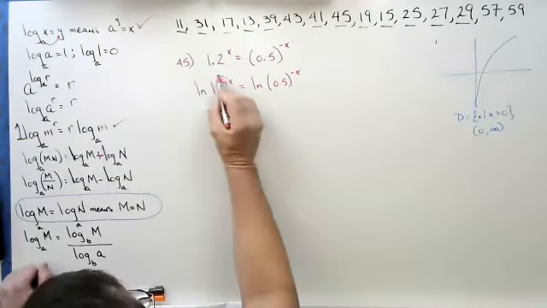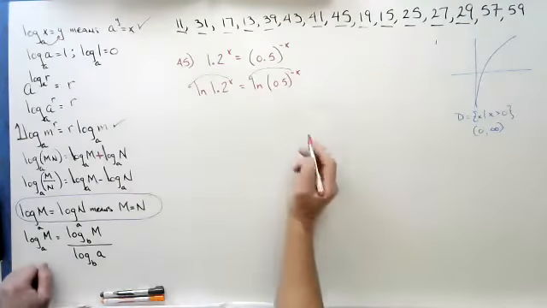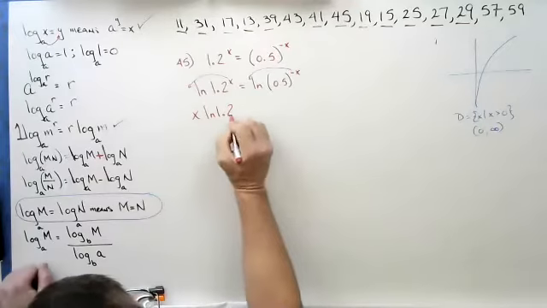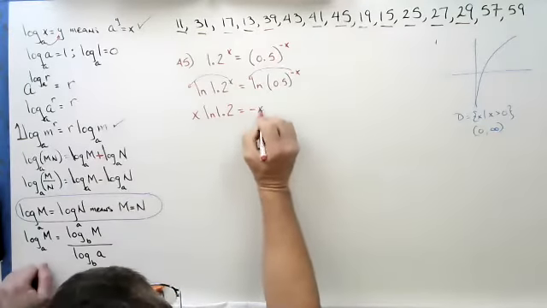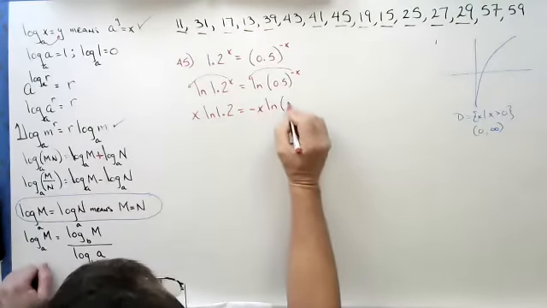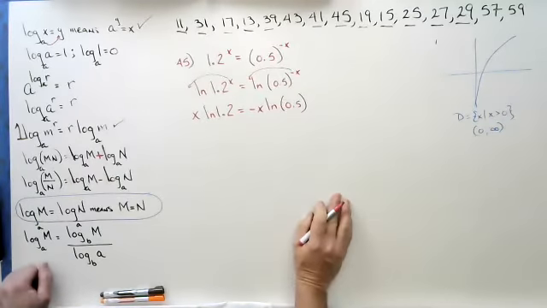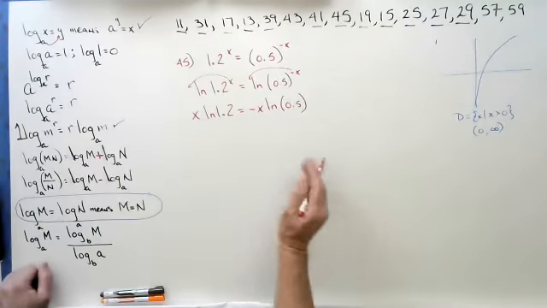Then we're going to move this down. Now we know how to make two x's into one x. We've got to move them to the other side.